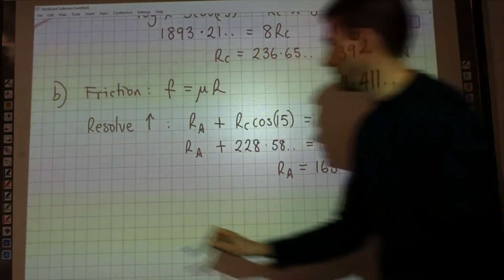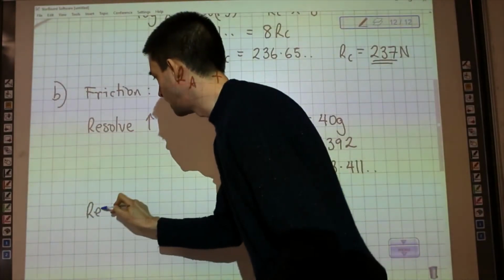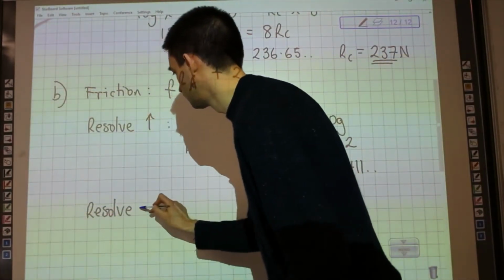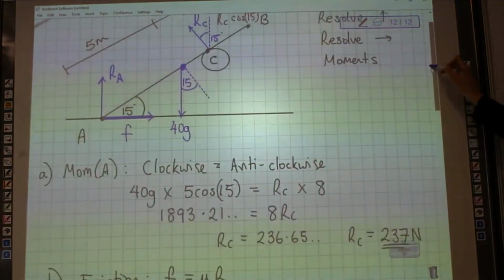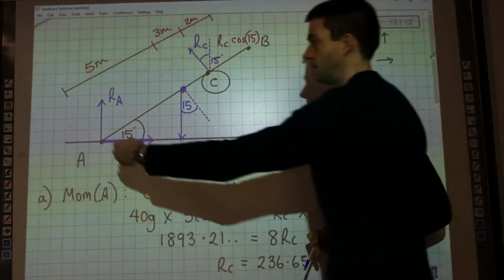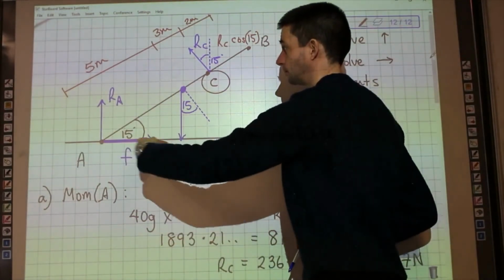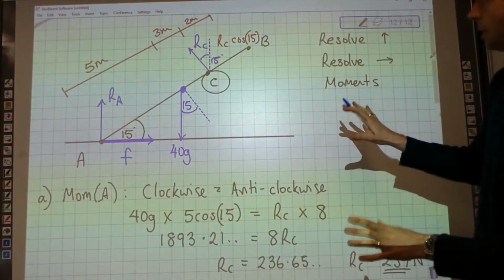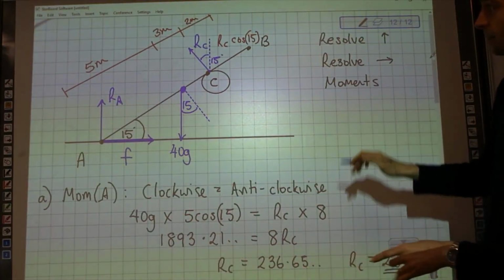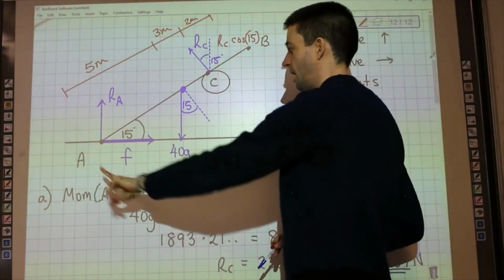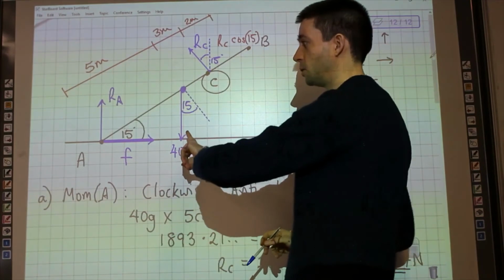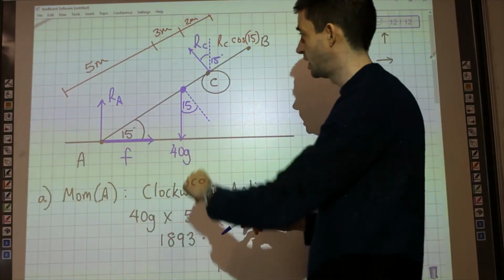What I now need to do is resolve horizontally, because what that will do is it will find me the frictional force here. Now, looking at this diagram, I've got frictional force acting to the right, reaction at A and 40G I can ignore because they're acting vertically, not horizontally.